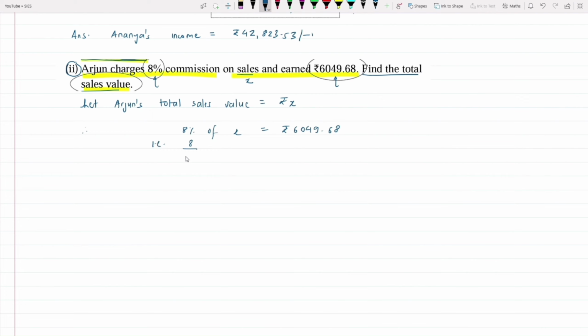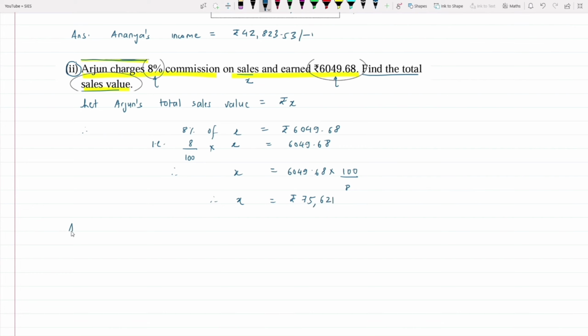So this is going to be 8 upon 100 of x, that is multiplied by x, which is 6,049.68. And again we need to move the numbers on the right. So we are going to get 6,049.68 multiplied by 100 upon 8. And on calculation, this is going to be 75,621.